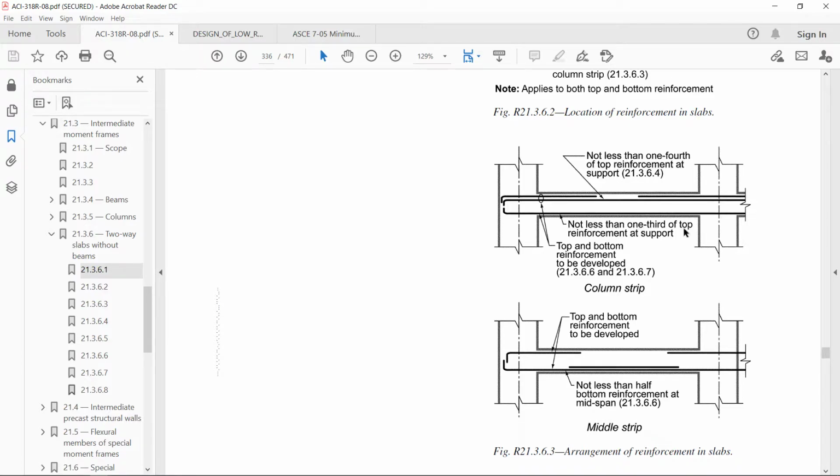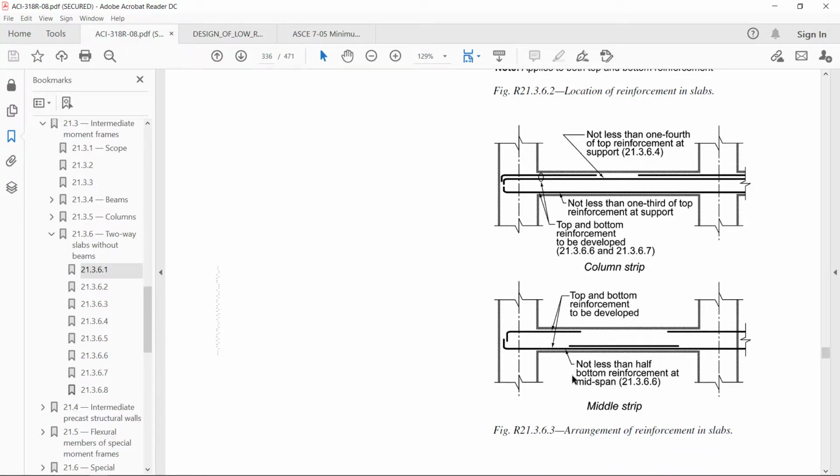Here, not less than 1/3 of the top reinforcement should be provided at the bottom, and in the middle of the strip or middle of the span, not less than 1/4 of the top reinforcement at the support. So whatever reinforcement is provided here should not be less than 25% of the reinforcement which is provided over here. This is the column strip. Similarly, in the middle strip, top and bottom reinforcement to be developed, that means they should have enough development length. And here, this reinforcement shall not be less than half of the bottom reinforcement at mid span.